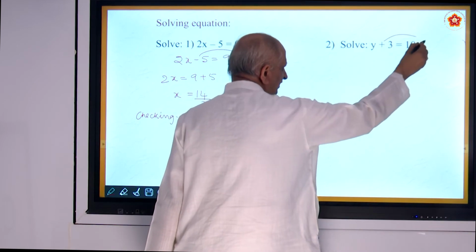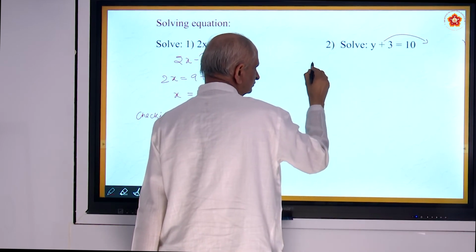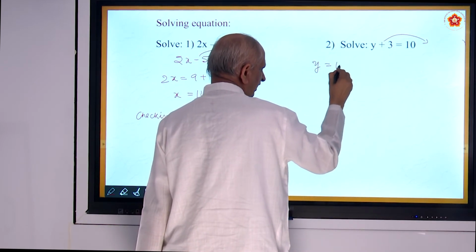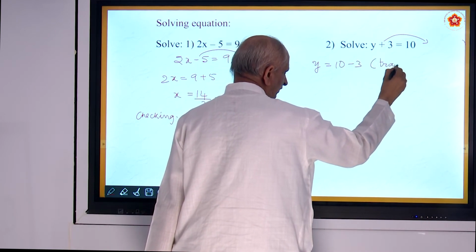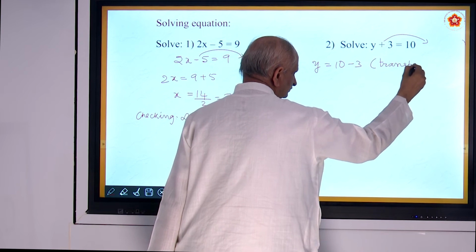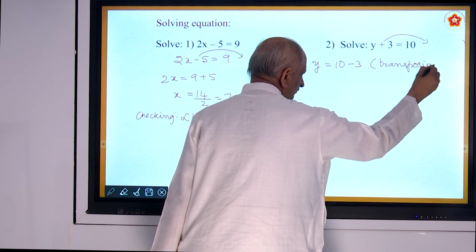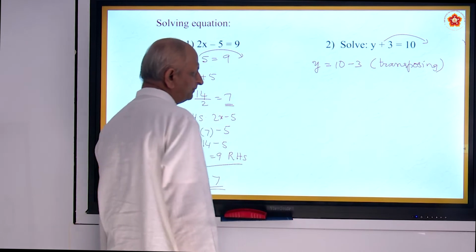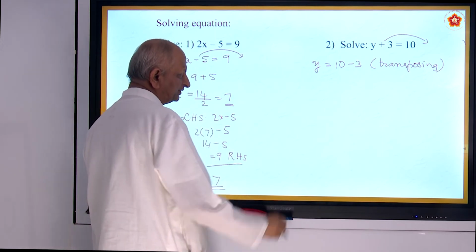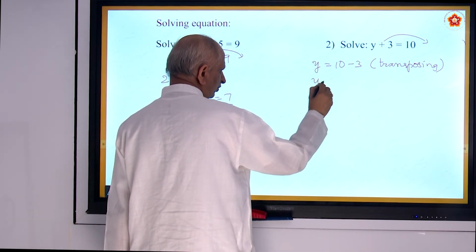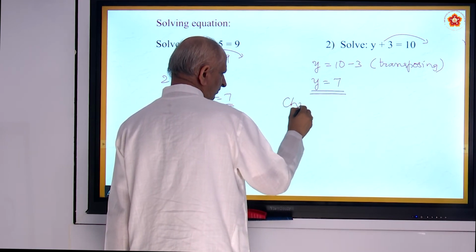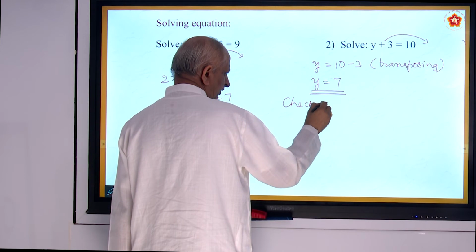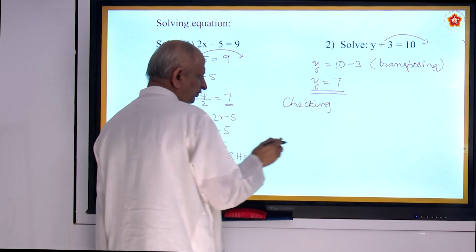Bring this plus 3 to this side. So y is equal to 10 minus 3. It is called transposing. So on transposing plus 3, it becomes minus 3. So y is equal to 10 minus 3, which is 7. So you can check it out. You can write verification or checking also.